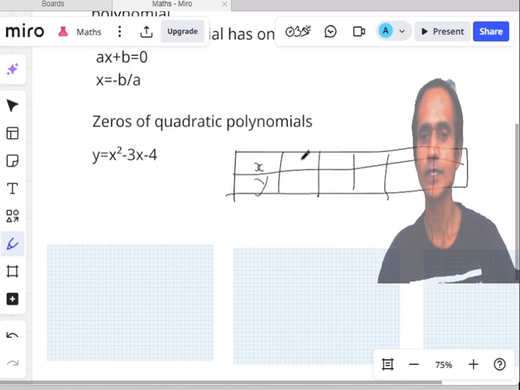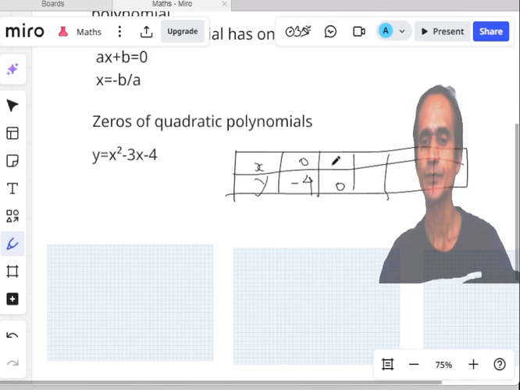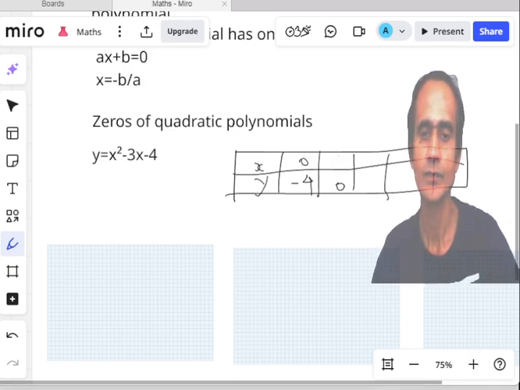So we'll first take x is equal to 0. So y is equal to minus 4. Then let's take y is equal to 0. Then x is equal to minus 1.